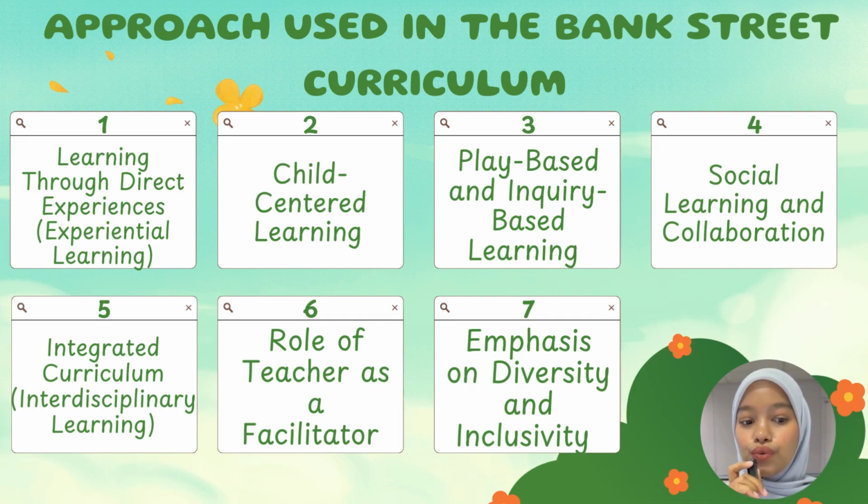2. We have child-centered learning. The Bank Street approach prioritizes the complete child, which means it promotes children's cognitive, emotional, social, and physical development rather than just their academic talents.